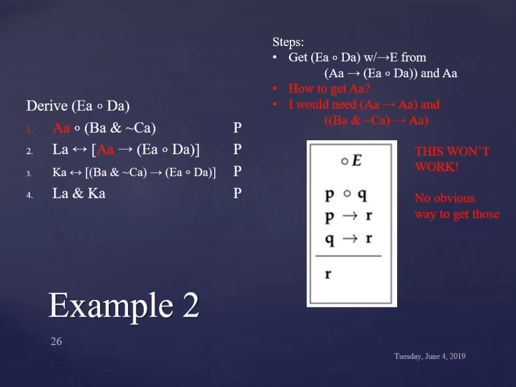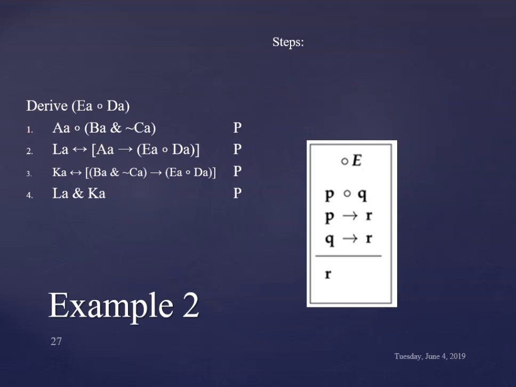Okay. Now, I think the strategy that we tried here, while it was a dead end, did give us some clues. It wasn't a completely fruitless endeavor, right? And so if we look at disjunction elimination, right, we have a disjunction on line 1. There's P and Q. You see that? So P is going to be AA, and Q is going to be that conjunction there, BA and not CA.